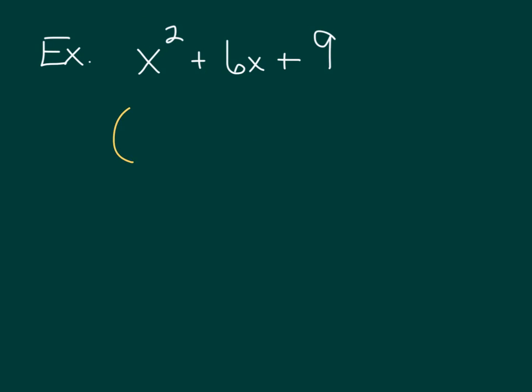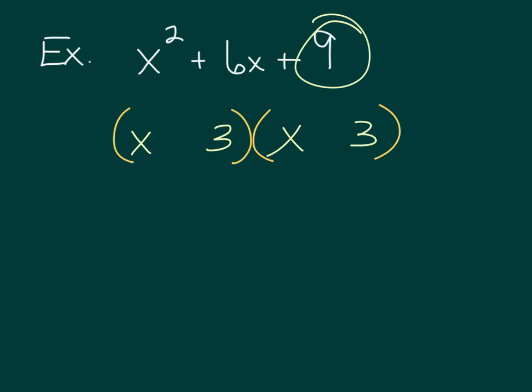Okay, so again, drawing my parentheses, taking the square root of the first term, and in this problem it is x. Taking the square root of that last term, the square root is 3. Looking at the sign in the middle here, since it's a positive, I should have a plus and a plus.